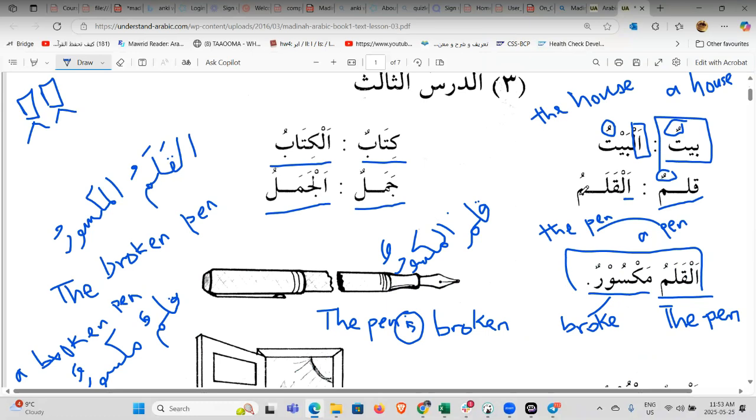So, for instance, we could say maksurun al-qalam when we mean the pen is broken, but the emphasis is different. So here we're emphasizing the brokenness, but you can ignore that, because it's not a grammar thing.